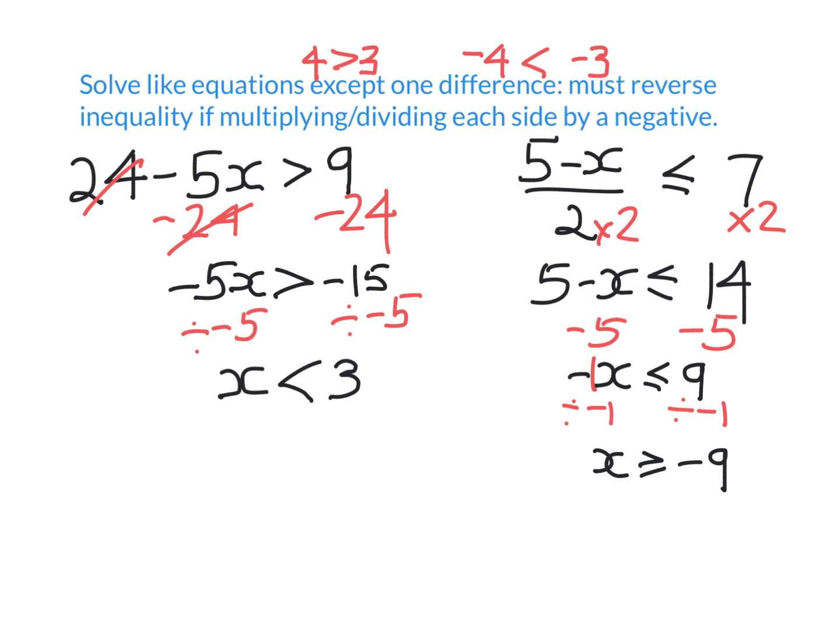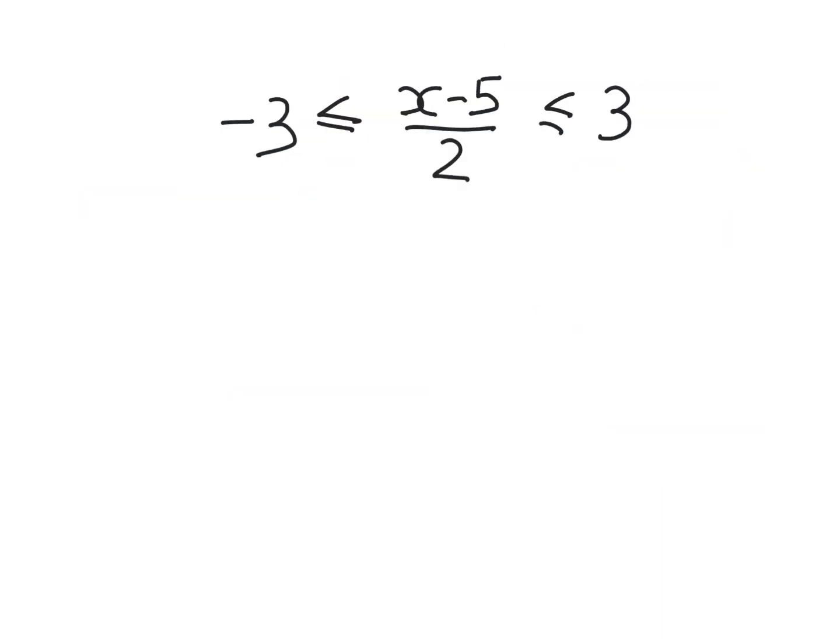All right, let's now look at a harder example. So this here is called a nested inequality. Read this as x minus 5 over 2 is between and including -3 and 3. Let's go ahead and solve this inequality. So what I can do is multiply each side by 2.